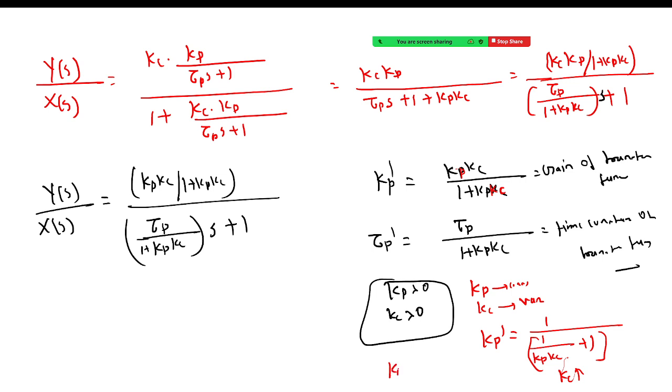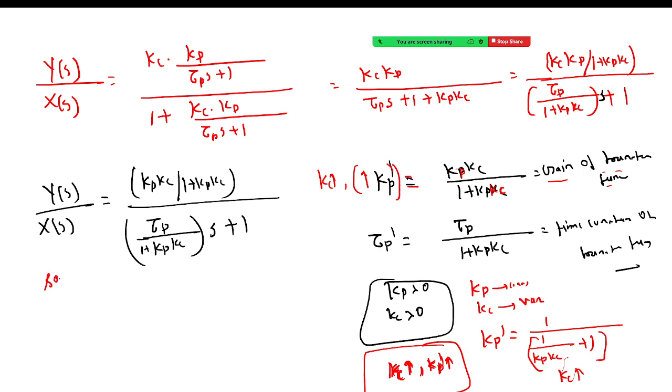So if I increase Kc, Kp dash will increase. Means if you increase the gain of the controller, the overall gain of the closed loop transfer function increases. Is it clear? This Kp dash, I have told you, is the gain of the transfer function. So if Kc is increased, Kp dash will increase. Is it clear?